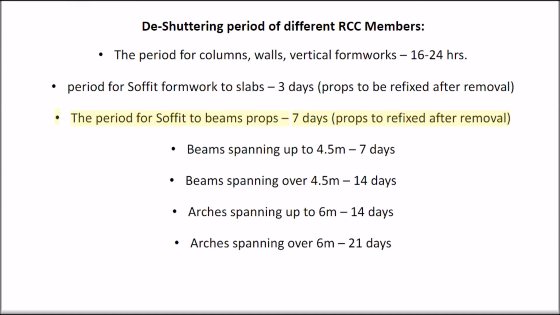The period for soffit to beams, props, 7 days, props to be refixed after removal. Beams spanning up to 4.5 m, 7 days. Beams spanning over 4.5 m, 14 days. Arches spanning up to 6 m, 14 days. Arches spanning over 6 m, 21 days.